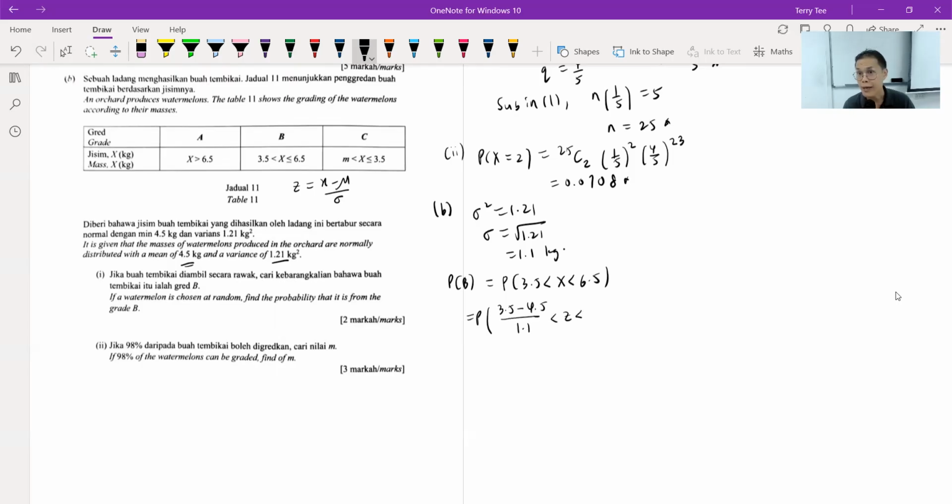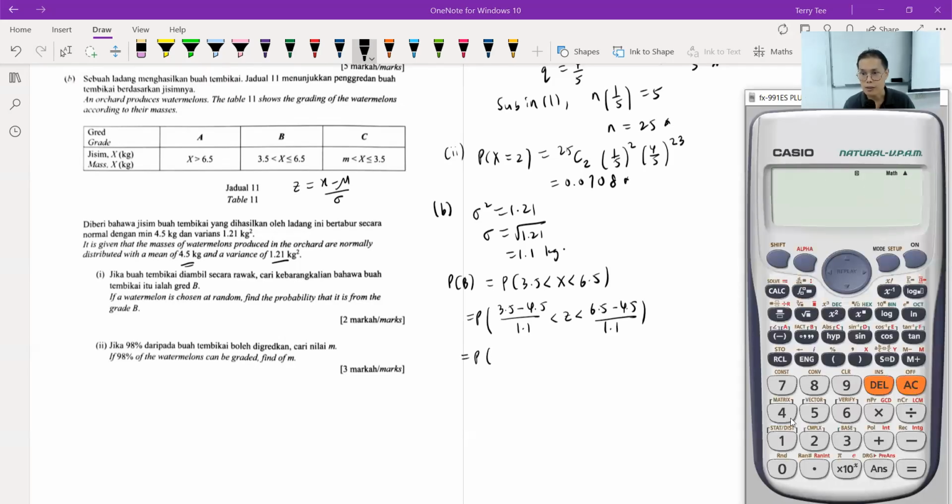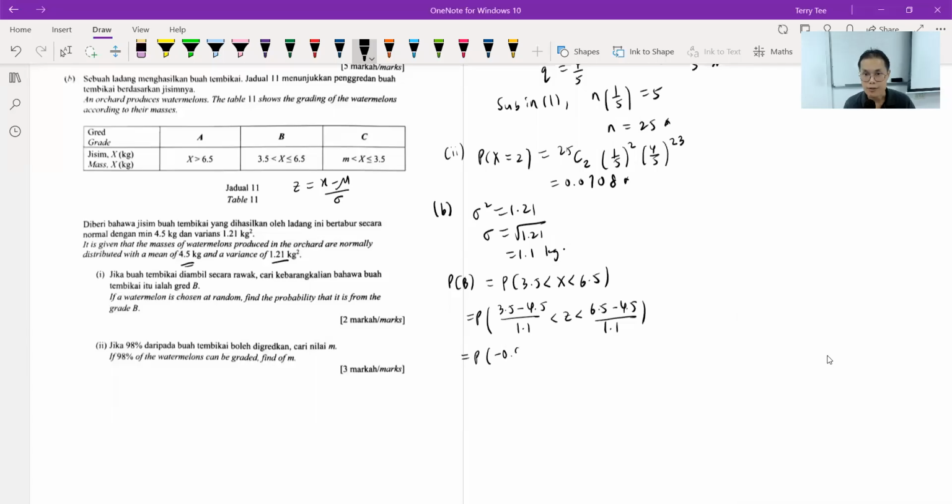Once standardized, we don't write X anymore, we write Z: 6.5 minus 4.5 divided by 1.1. When I standardize this, 3.5 minus 4.5 is actually negative 1. So basically, we're taking negative 1 divided by 1.1, which is negative 0.909. Three decimal points will do, because your mathematical table can read Z values up to 3 decimal points.